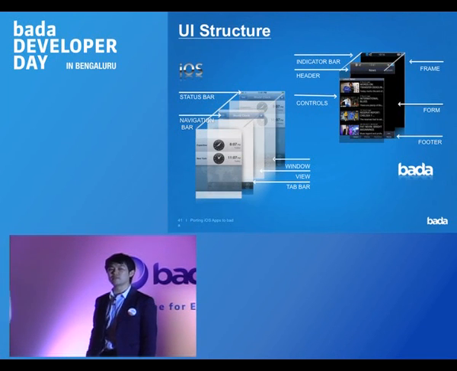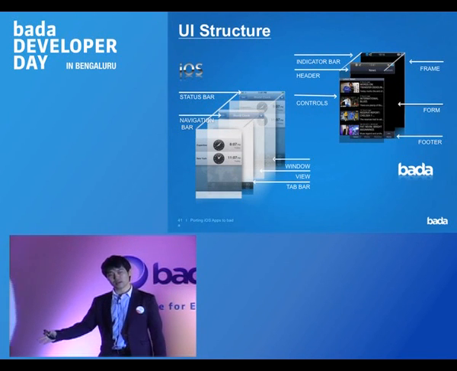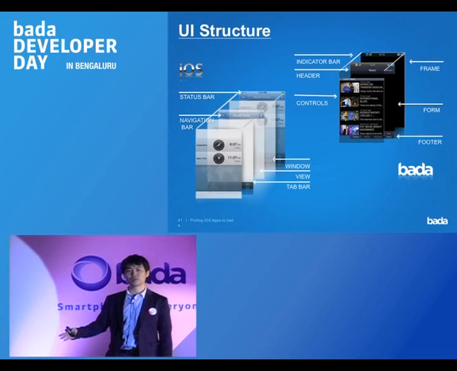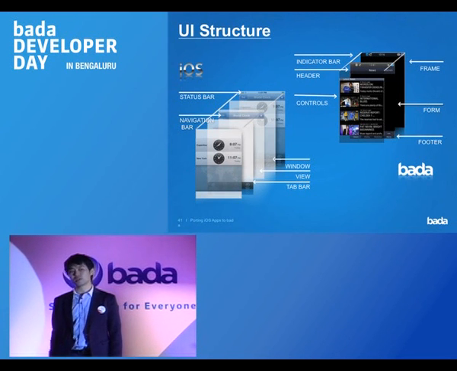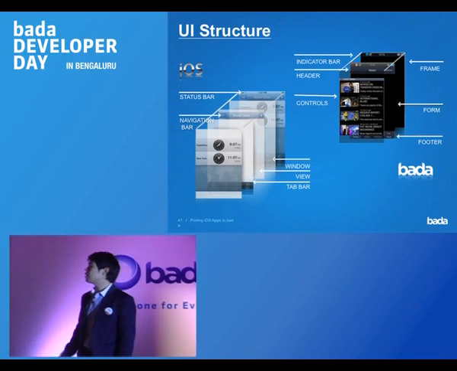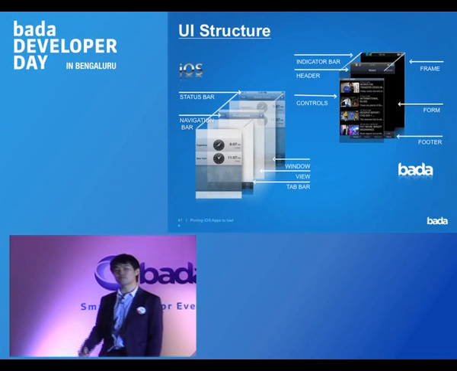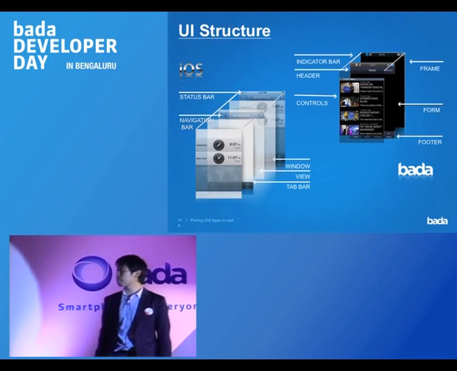Only one frame can be assigned to one application and can have many forms attached, like views of the iOS. And a form can have a header and footer as a property.